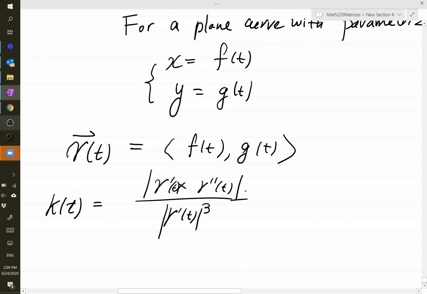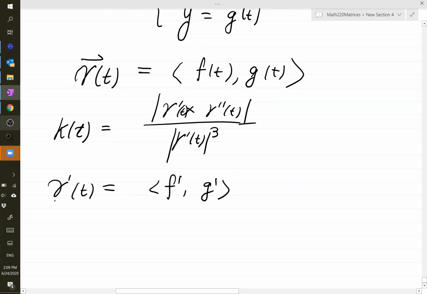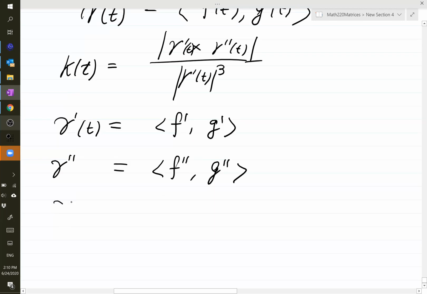We already proved this formula. So r derivative is (f derivative, g derivative) and r second derivative is (f second derivative, g second derivative). Cross multiply.